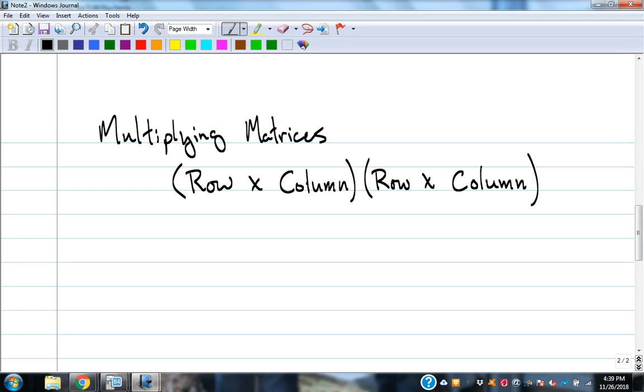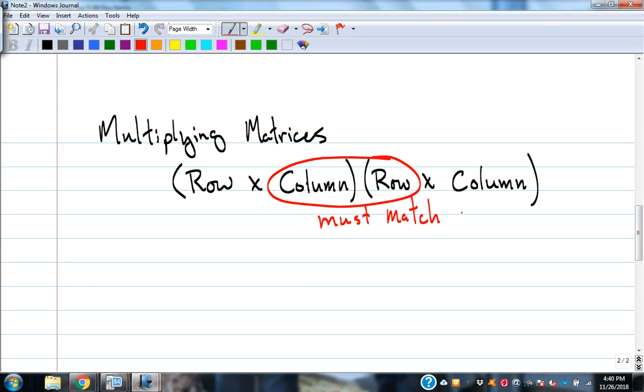It's 24 operations in order to do it by hand, which you don't want to do. What's got to happen, though, to make multiplying matrices a legal operation is you've got to have the columns in the left matrix match the rows in the right matrix.